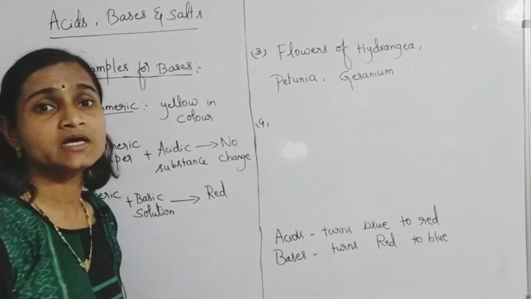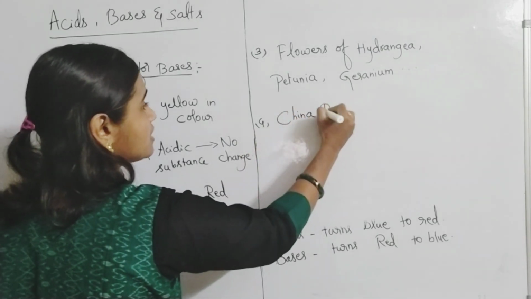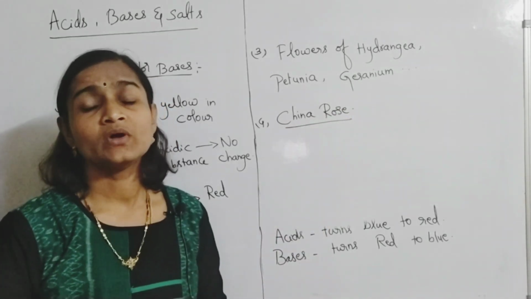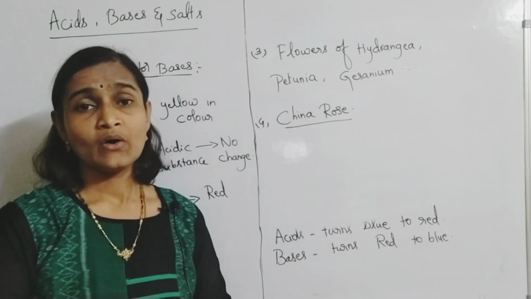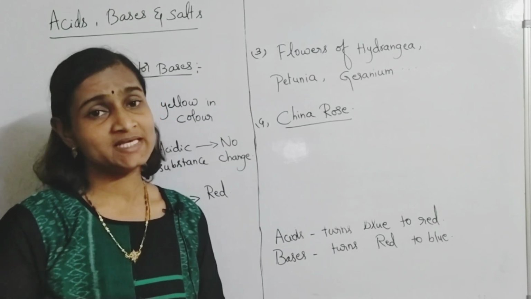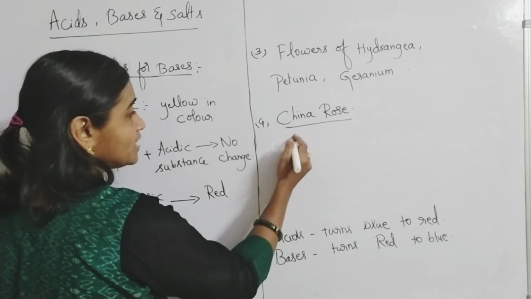Next you have hibiscus, which you call China rose. China rose is like hibiscus only. If you make an extract of China rose and test acidic or basic substances, what kind of color changes will you observe?